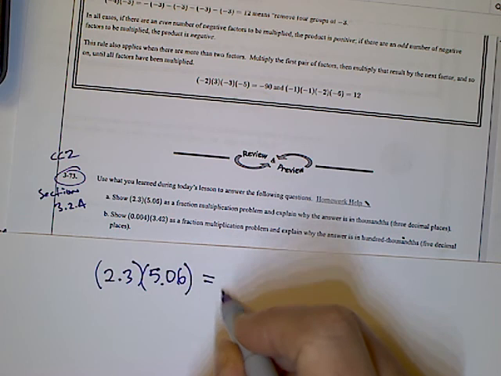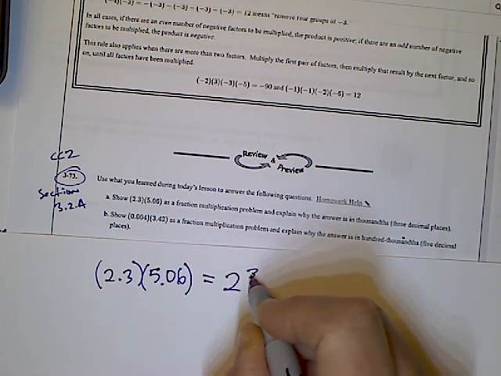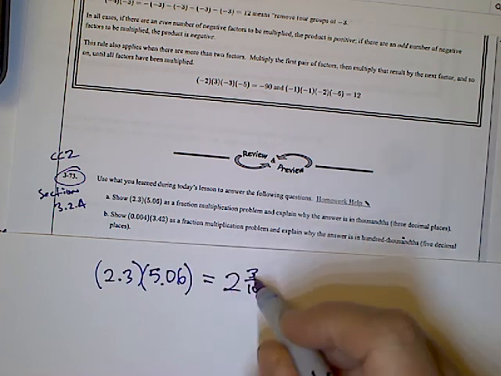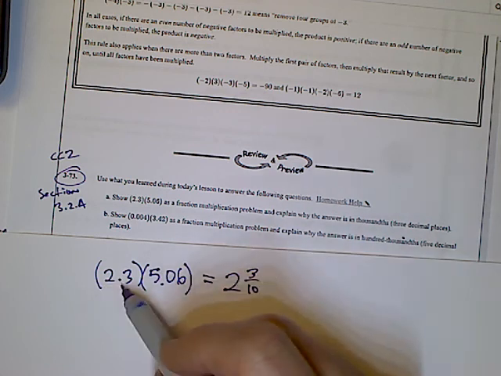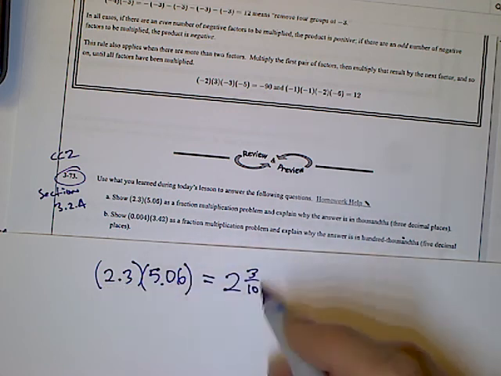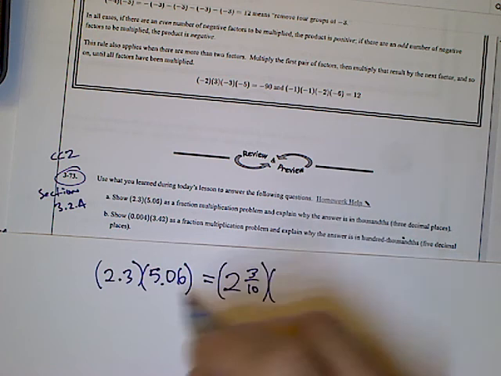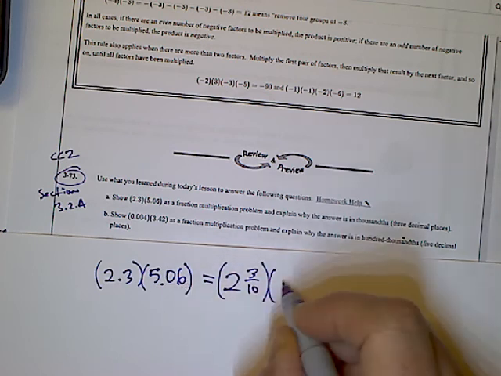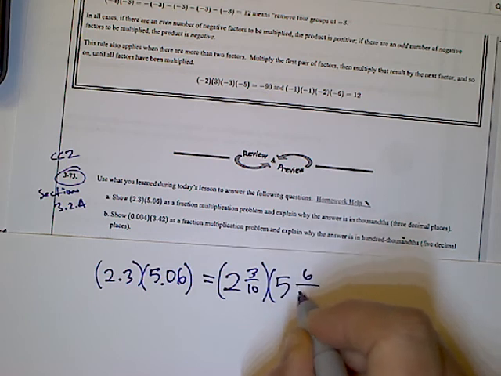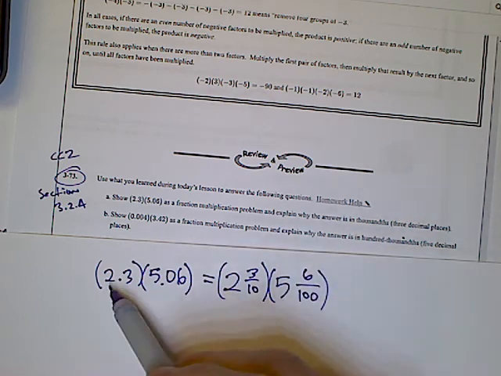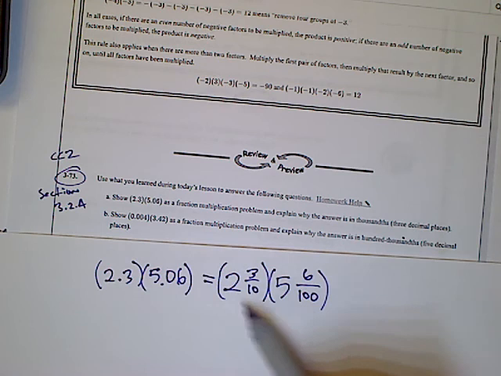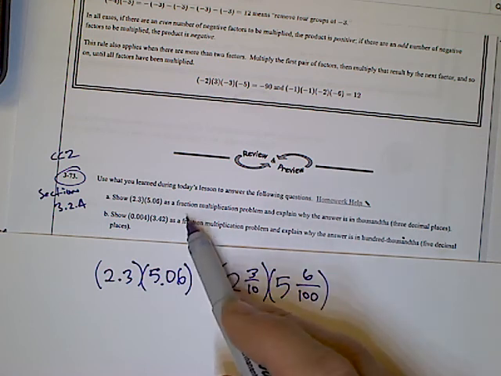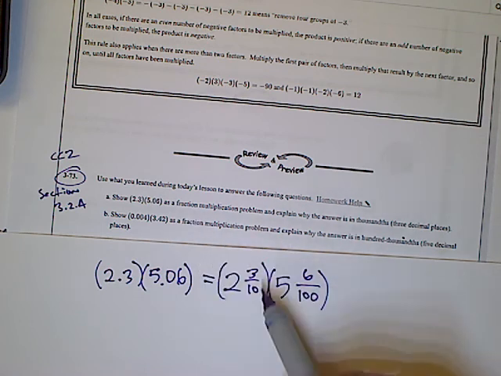So this can be written as 2 and 3/10, and I'm going to multiply that times 5 and 6/100ths, because it's in the 100ths place. So there's our product written in fraction form. I'm going to show this problem like it asks me to, using fraction multiplication.